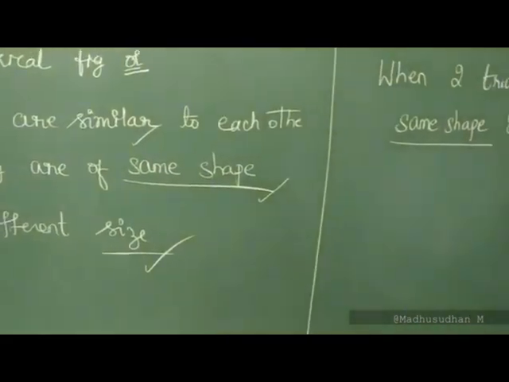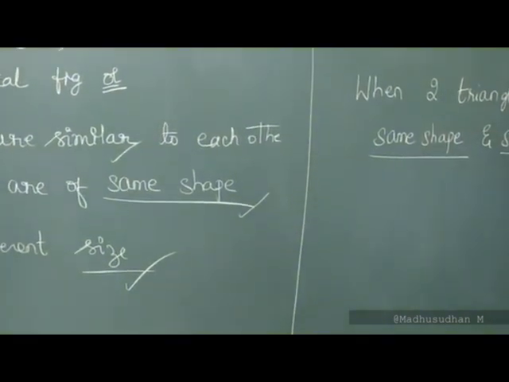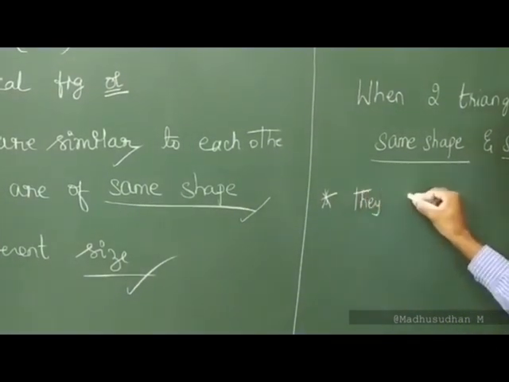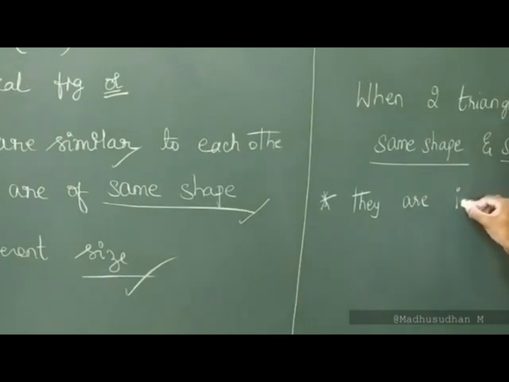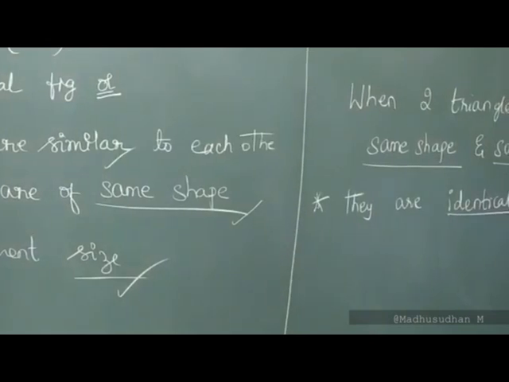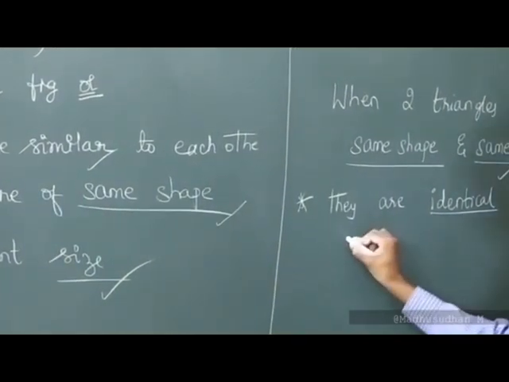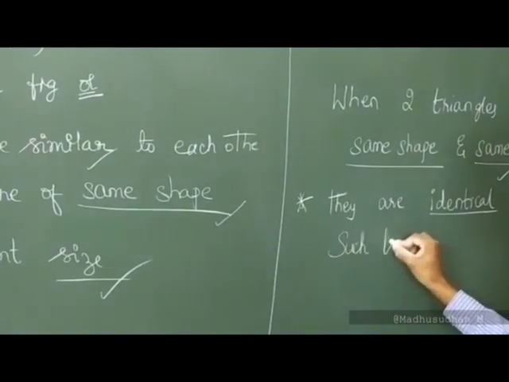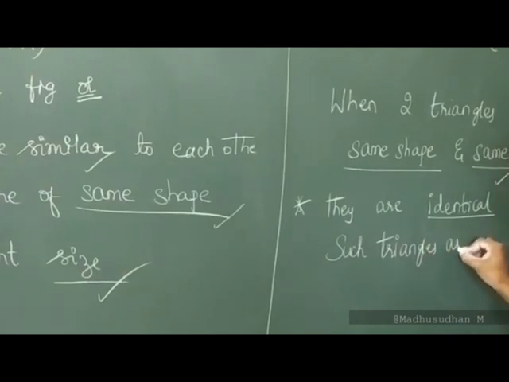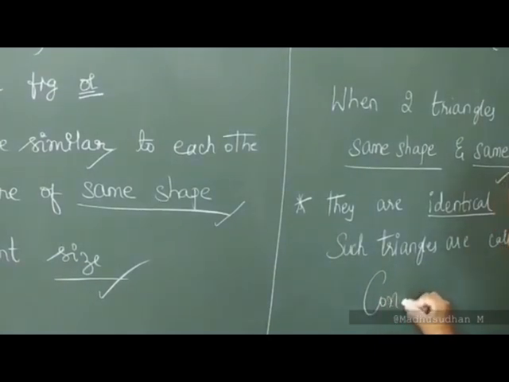But in this case, when two triangles are of the same shape and the same size, I will use one word here, they are identical. They are identical to each other. And such triangles are called congruent triangles.